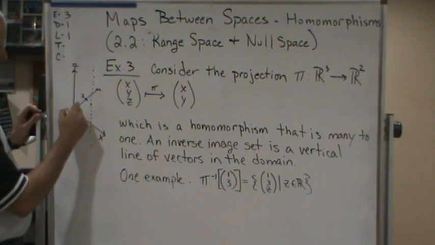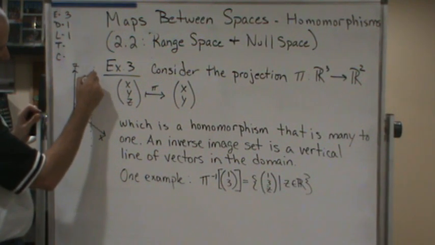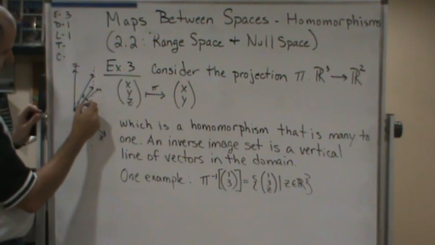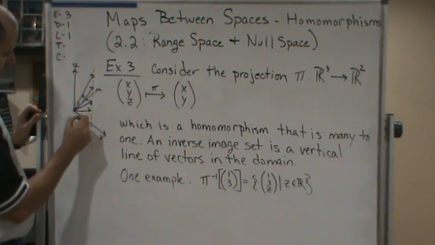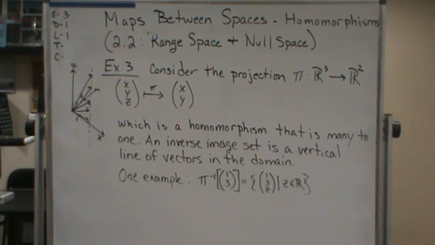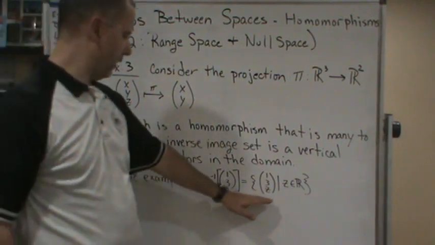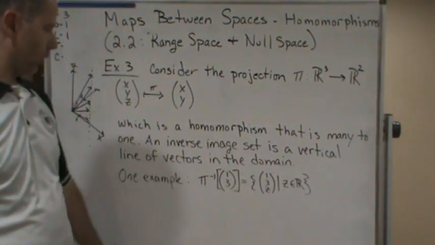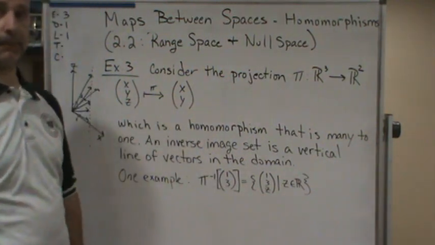And so we're going to have vectors along that line, and that would be the inverse image, the set of all vectors along that z.